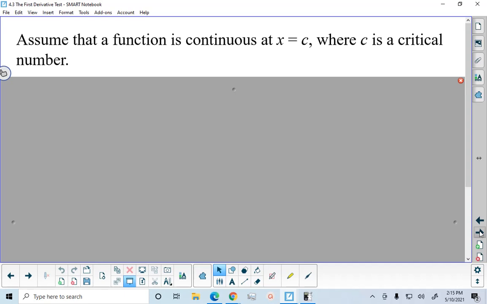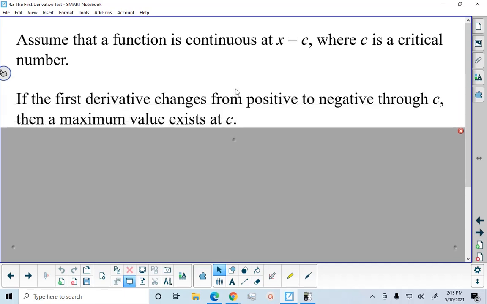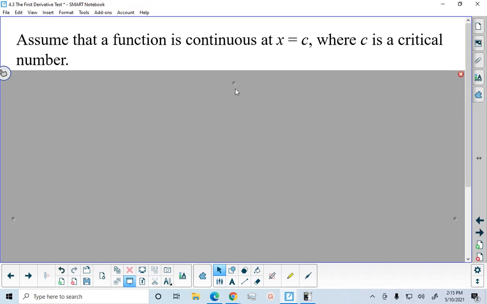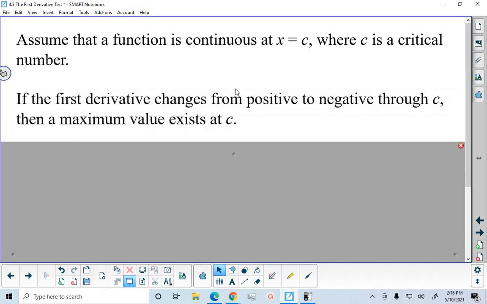X equals c is a value of x that makes the derivative either equal to 0 or makes the derivative not defined. If we assume that a function is continuous as we go through that critical value, so there's no asymptotes, there's no holes, there's no funny business going on, then two things must be true.